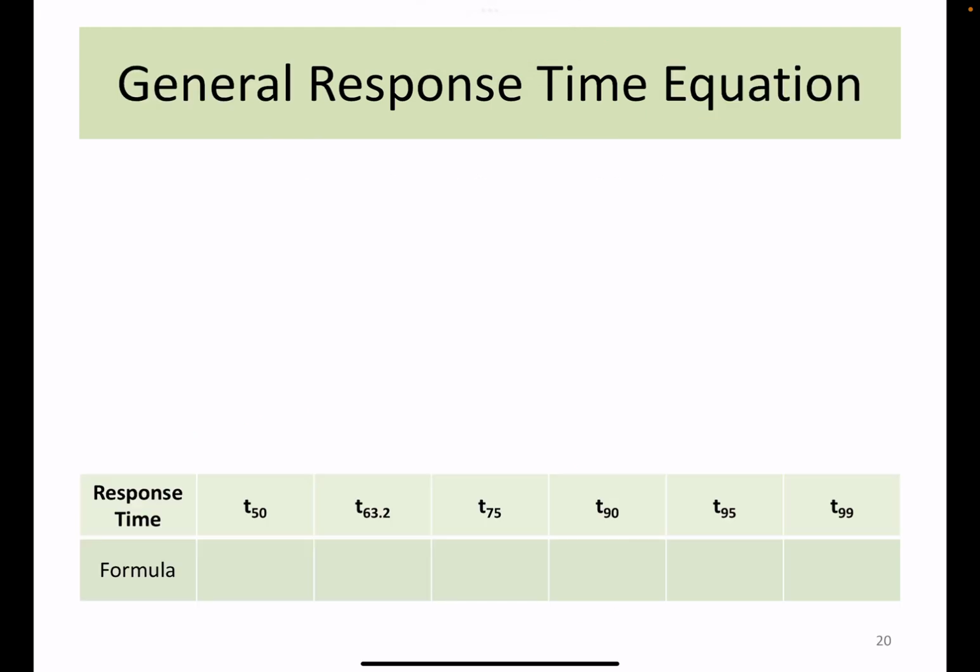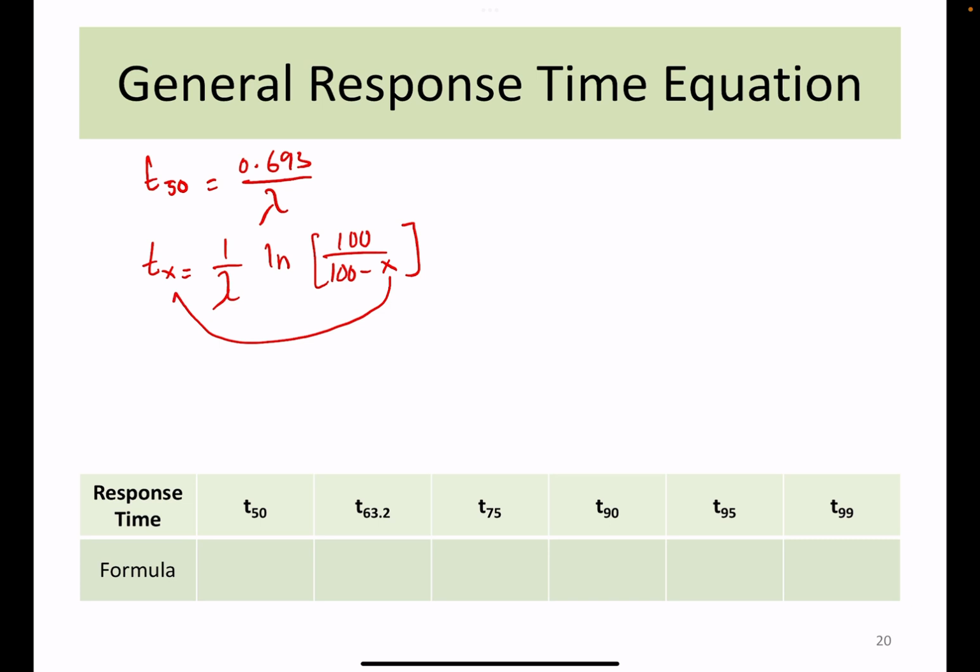Okay. So the general response time equation, I'm going to put it here, that T50, 50 of course percent, is equal to 0.693 over lambda, and that's what we just found here. And if you want to put it as a general equation, T at any time is equal to 1 over lambda times ln of 100 over 100 minus x. x is the percentage, sorry.